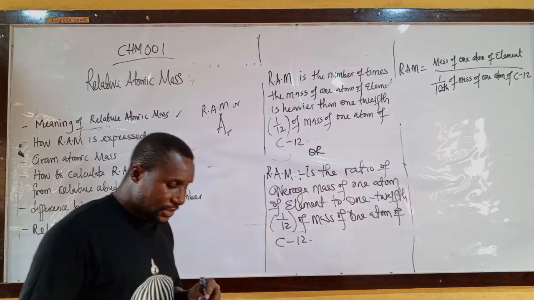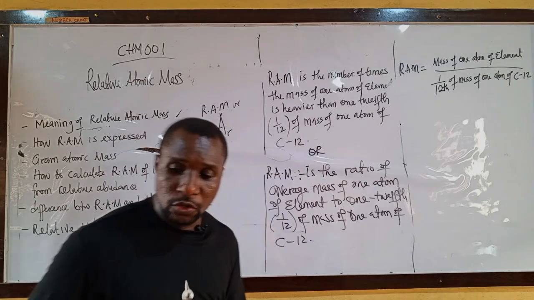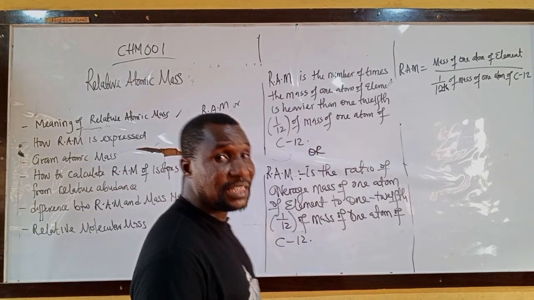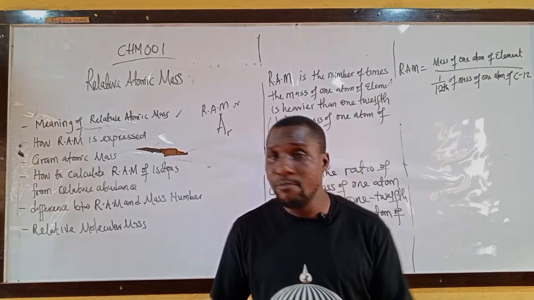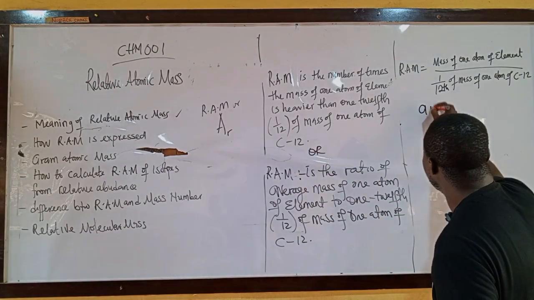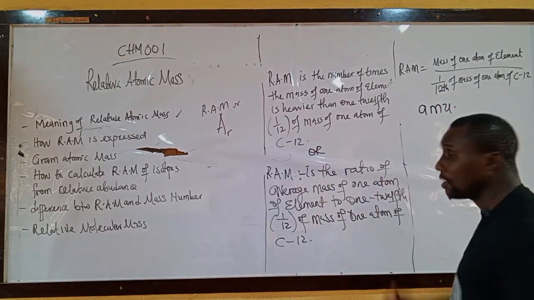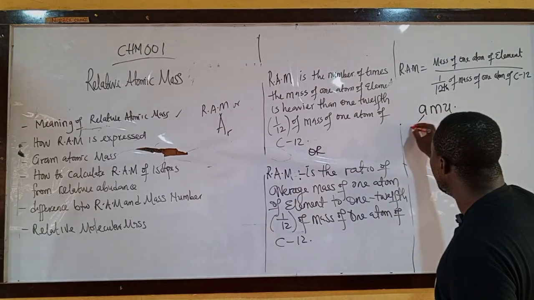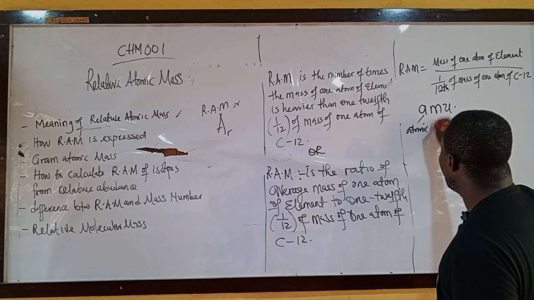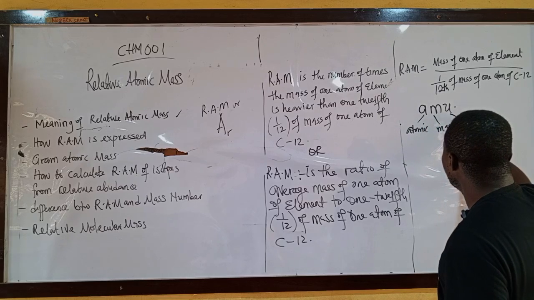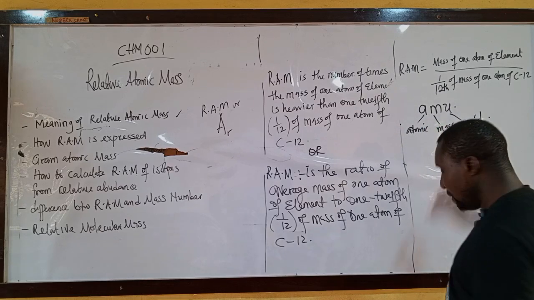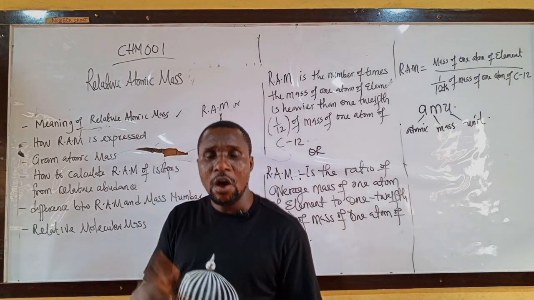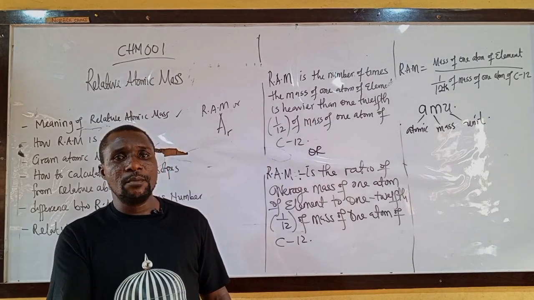I said relative atomic mass has no unit. It is unitless. But it can be expressed in terms of AMU, atomic mass unit. That means I can simply say one atom of oxygen.